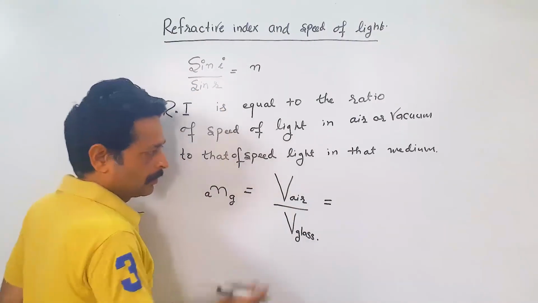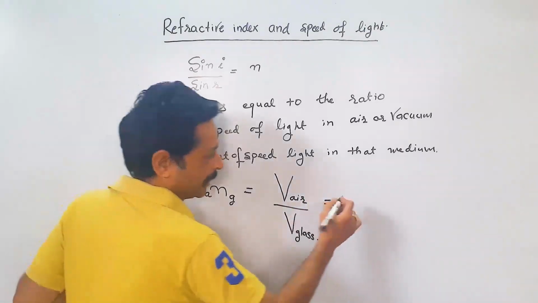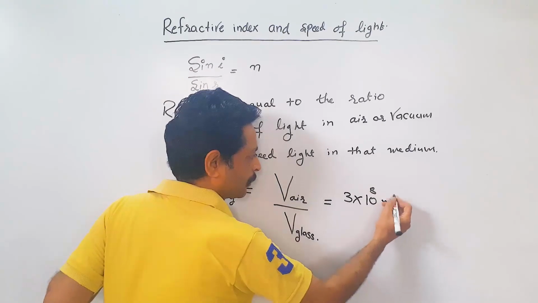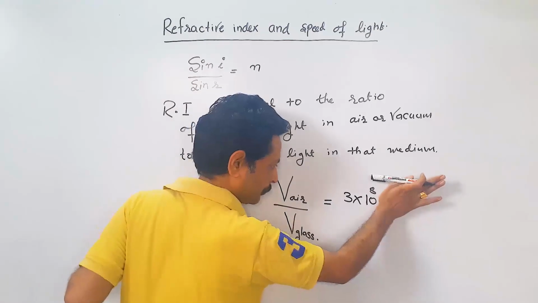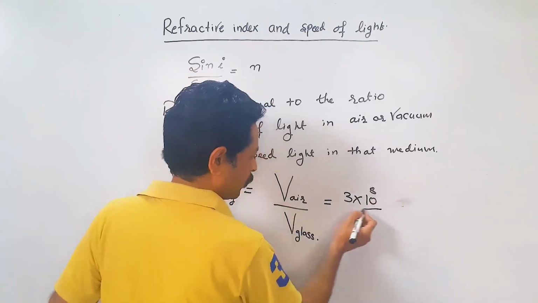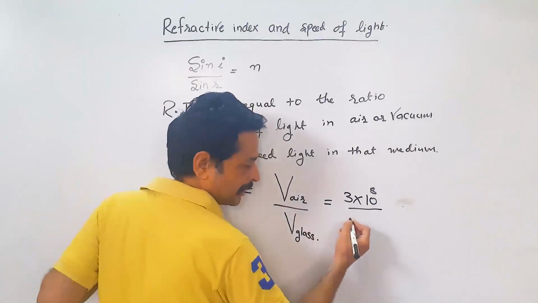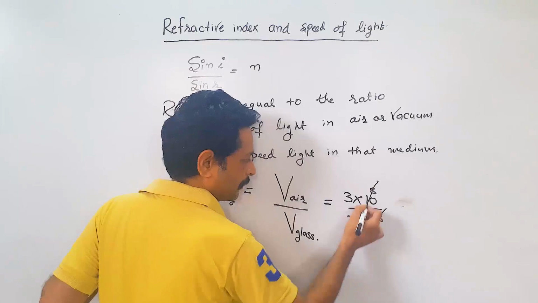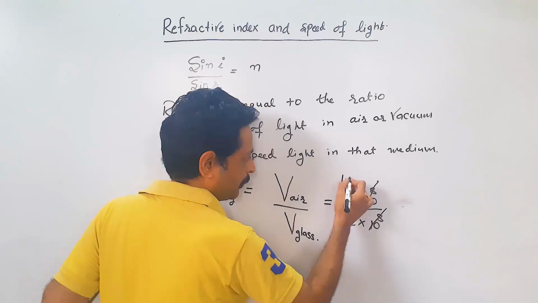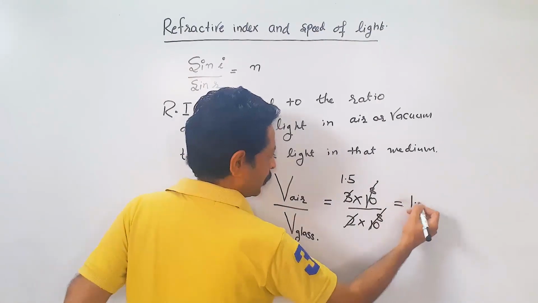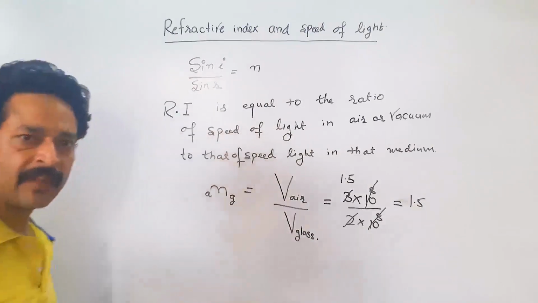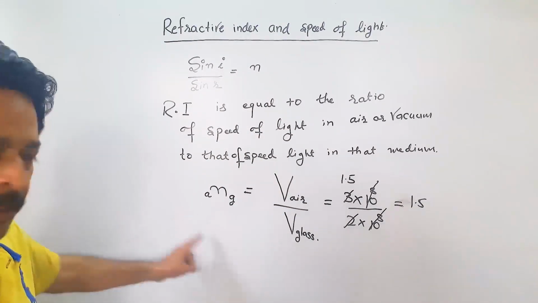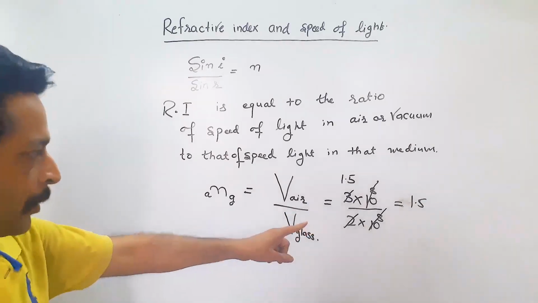Speed of light in air is 3 into 10 raised to power 8 meter per second over speed of light in glass, 2 into 10 raised to power 8. It will cancel out and it will be 1.5. So we can say that the refractive index of glass with respect to air is 1.5.